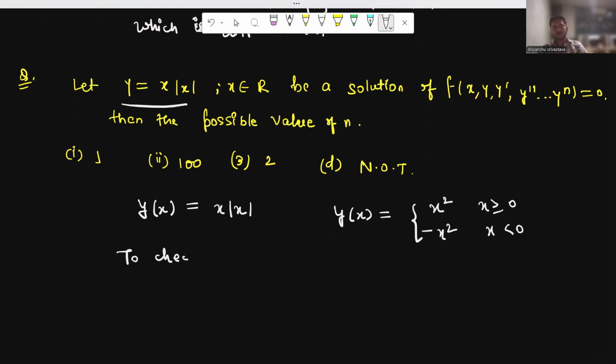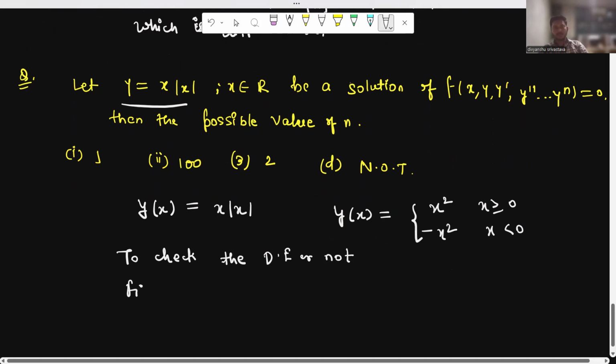Okay. So next thing is to check whether the function is differentiable or not.